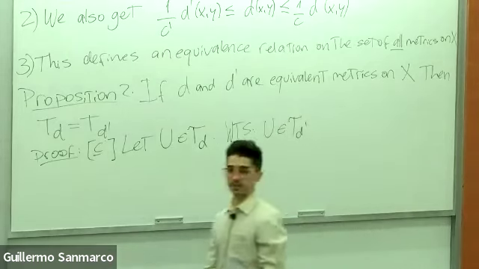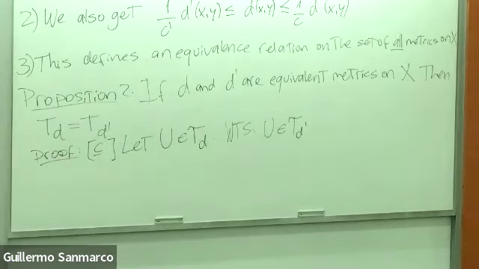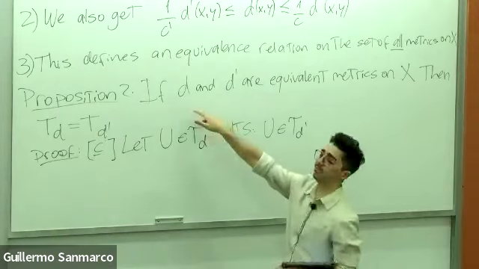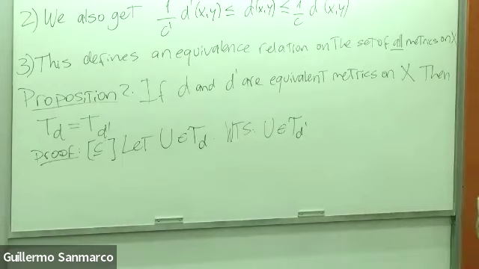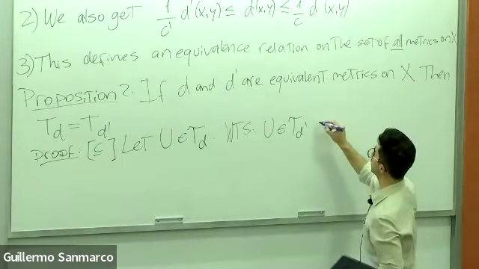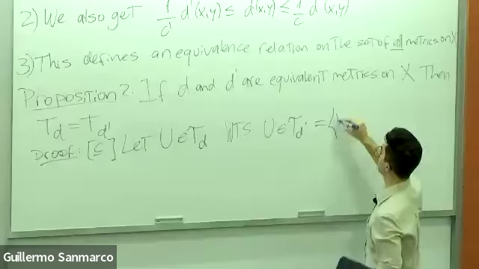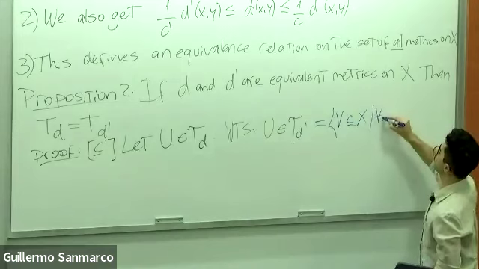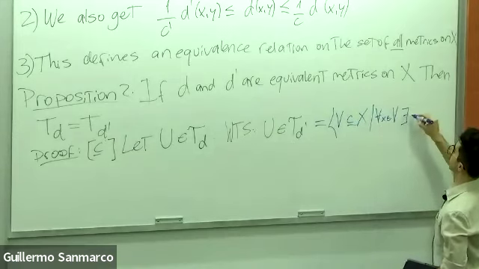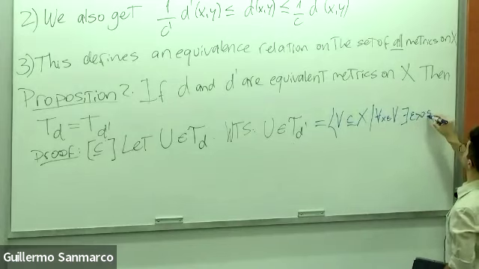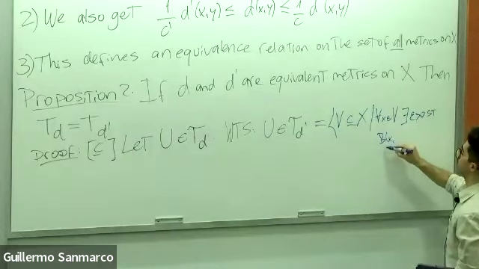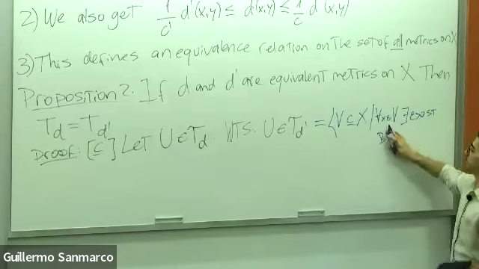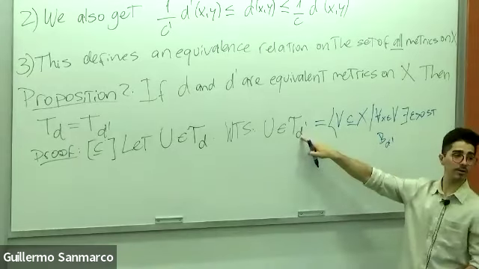Here I will write the definition of T_D prime, just rewriting that using D prime instead of D. T_D only depends on D. So I want to show U is in T_D prime, which is, remember, the set of all, let's use V now because U is used, subsets of X such that whenever you have a point, you always have an epsilon. And here, for my balls, I need to say which ball it is because there are two distances, it should be the D prime ball because I'm using T_D prime.